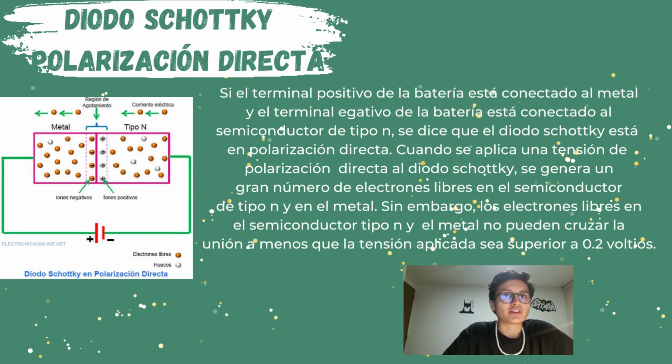When a forward bias voltage is applied to the Schottky diode, a larger number of free electrons appear in the N-type semiconductor and in the metal. However, the free electrons in the N-type semiconductor and metal cannot cross the junction unless the applied voltage is greater than 0.2 volts.